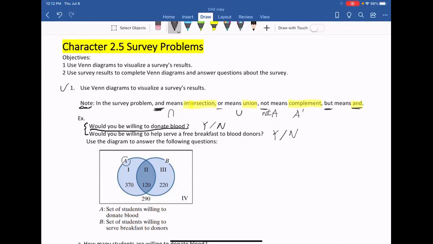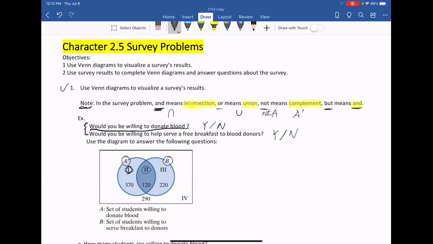A means the people who answer the first question yes. B is for the second question, yes. So this part is people who answered the first question yes, but didn't answer the second question yes.